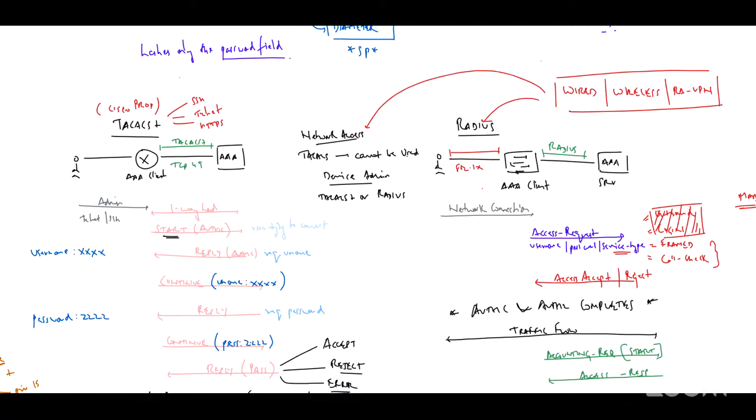RADIUS is used for network access, or to implement network access AAA. It is UDP based, with two separate sets of ports that can be used.